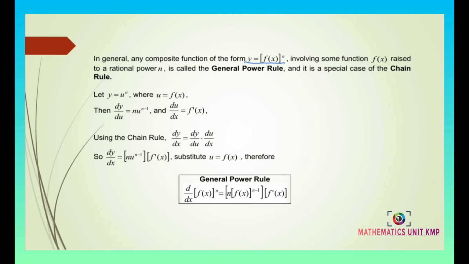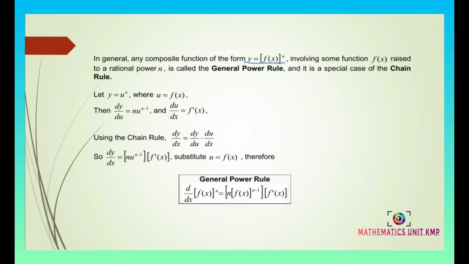Using the chain rule, we know that dy/dx equals dy/du times du/dx. So dy/dx is equal to n u power n minus 1 times f prime x.